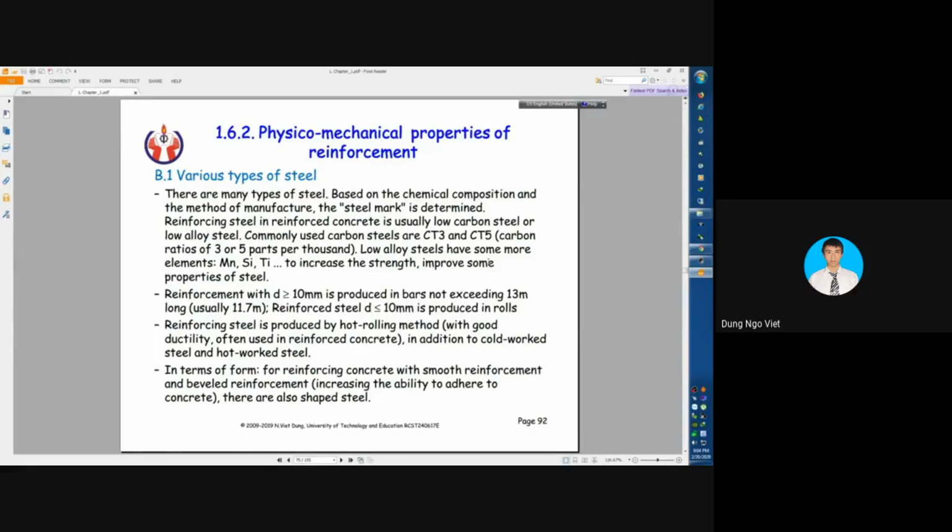Reinforcing steel is produced by hot rolling methods with good ductility, often used in reinforced concrete, in addition to cold work steel and hot work steels. In terms of forms, there are smooth reinforcement and bevel reinforcement; the bevel reinforcement will increase the ability to adhere to concrete. And there is also shape steel. In high-rise buildings, shape steel is often used.